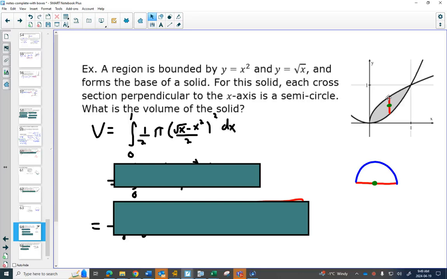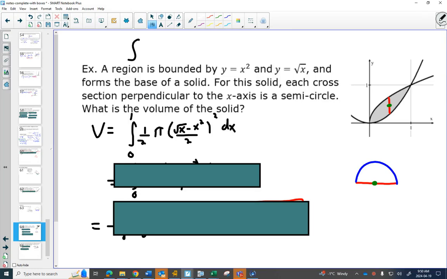You need that 3D graphing, but this is good for your mind to see if you can visualize that. So then my radius is going to be half of this one minus this one. The area of a semicircle is 1/2 pi r squared.